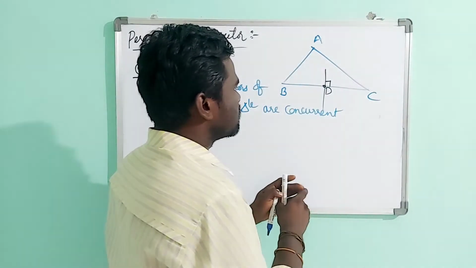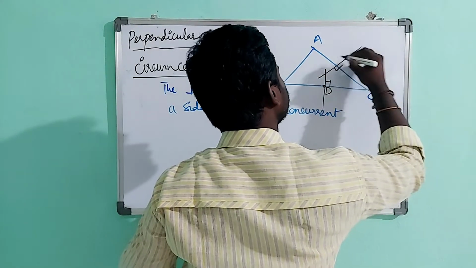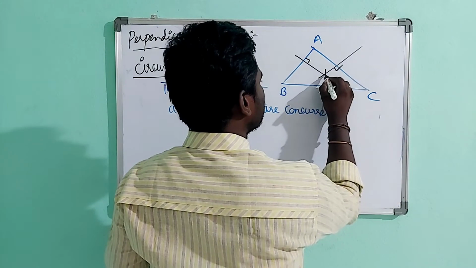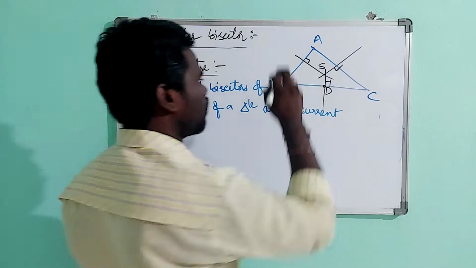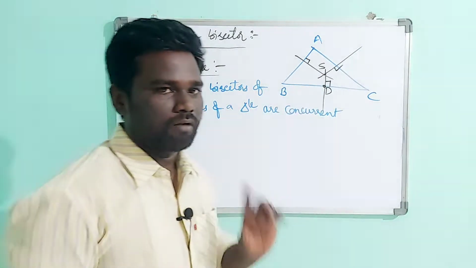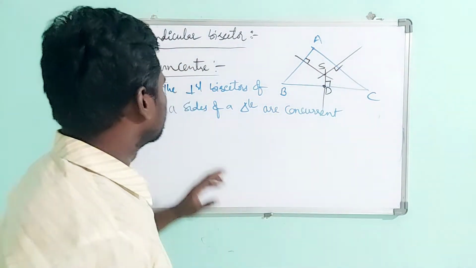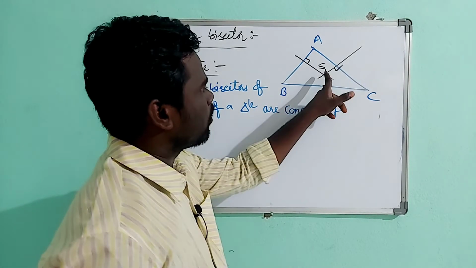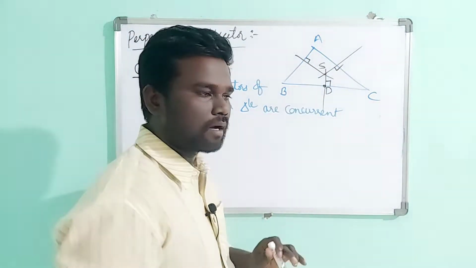We have three perpendicular bisectors, and all pass through the same point. This point of concurrency is called circumcentre, which is usually denoted by S.